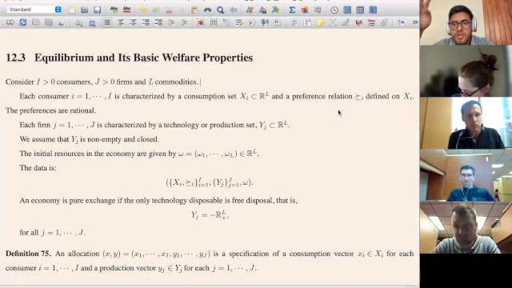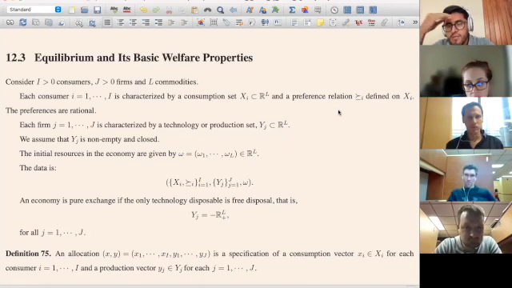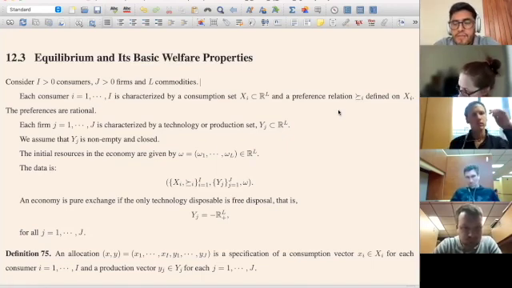Preferences are going to be super heterogeneous, so indexed by sub i. Each firm, now we're introducing firms for the first time, is going to be characterized by a production technology, capital Y, as in the chapter on production. We assume that Yj is not empty and closed. And then the initial resources in the economy are given by omega, right?